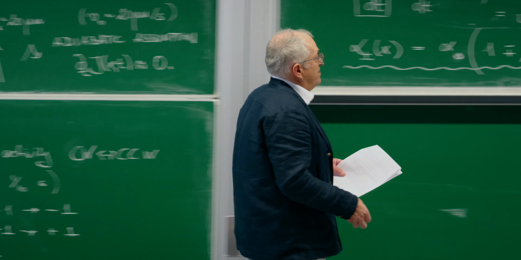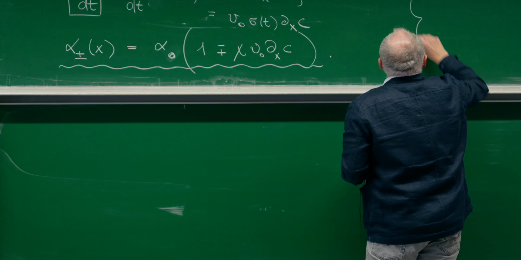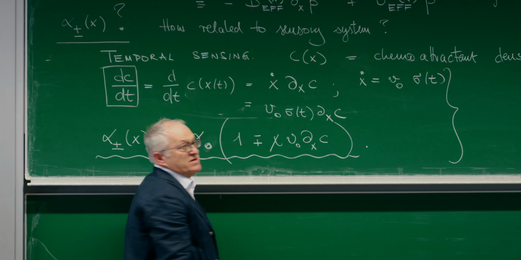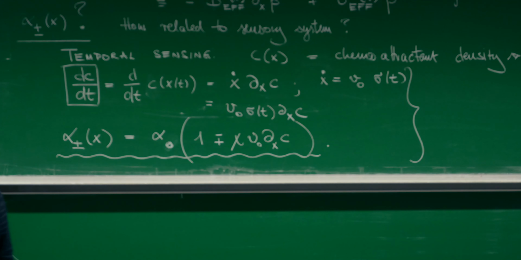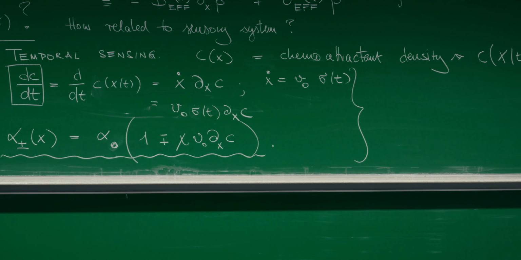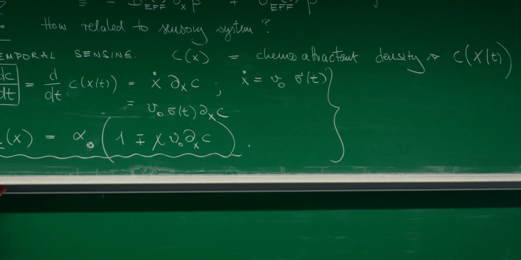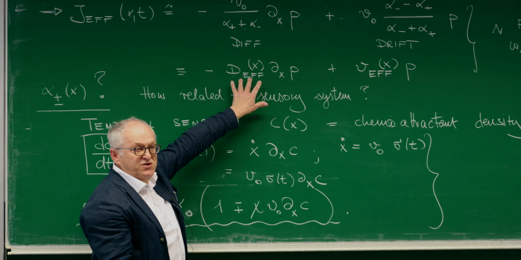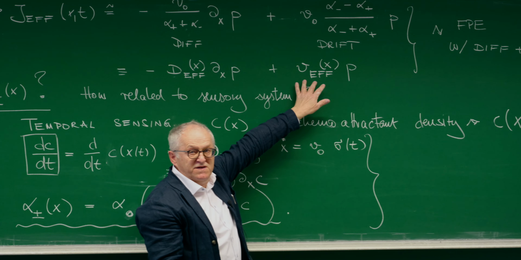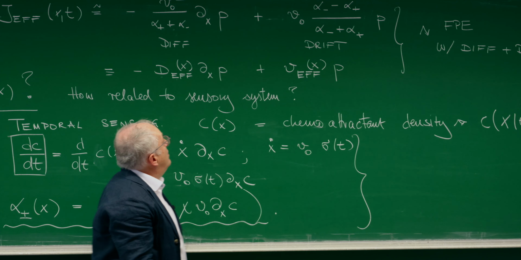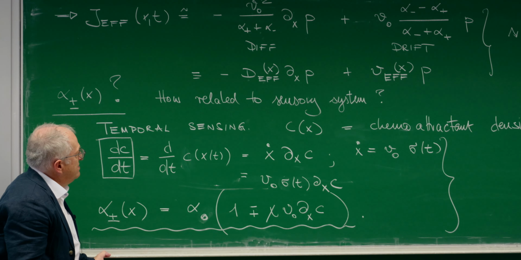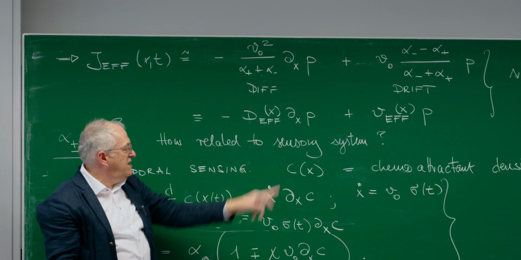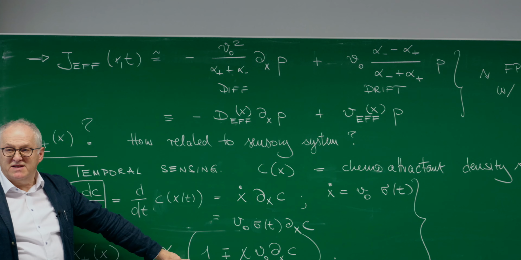So once you have that assumption, you can now calculate from that to linear order in those gradients the effective drift velocity and the effective diffusion coefficient. So all you do is you insert that expression here into the relation for the effective diffusion coefficient and the effective drift velocity. For the diffusion coefficient, you have in the denominator alpha plus plus alpha minus, and you see to leading order, the gradients just cancel out.